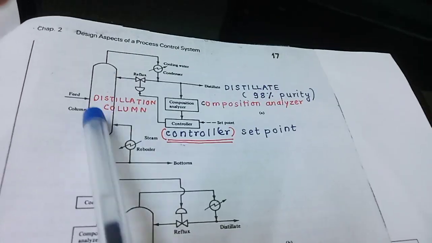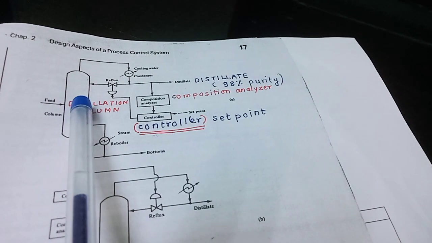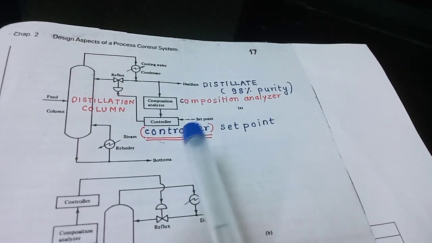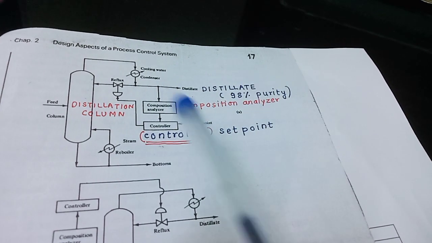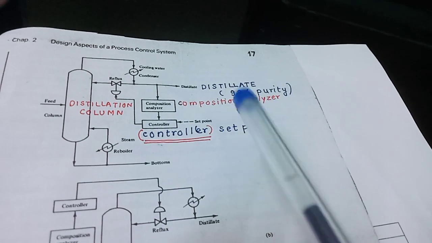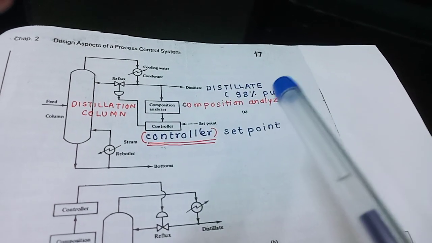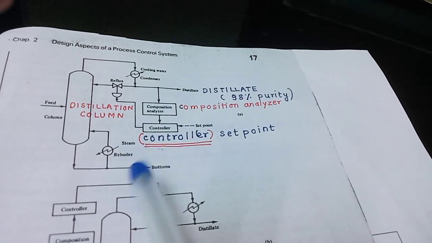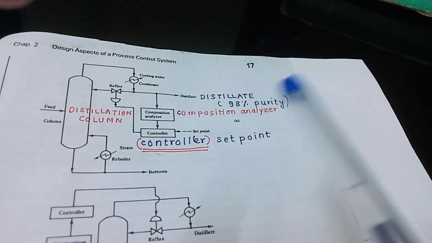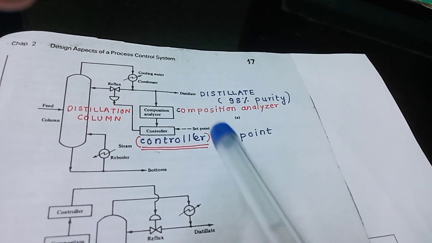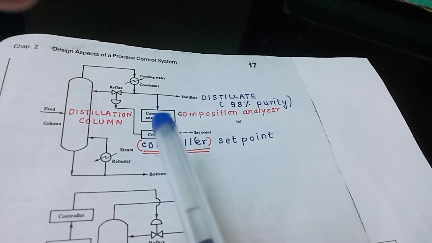The requirement here is that 98% composition of the distillate is required. Suppose 98% composition of gasoline is required for crude oil refining. So this distillate purity is 98%. This is a composition analyzer.